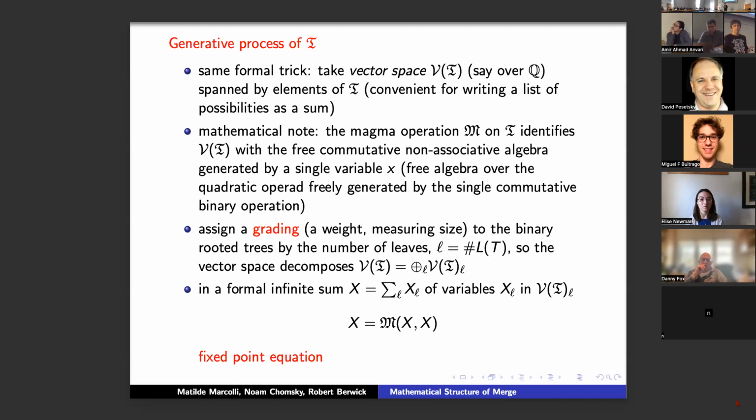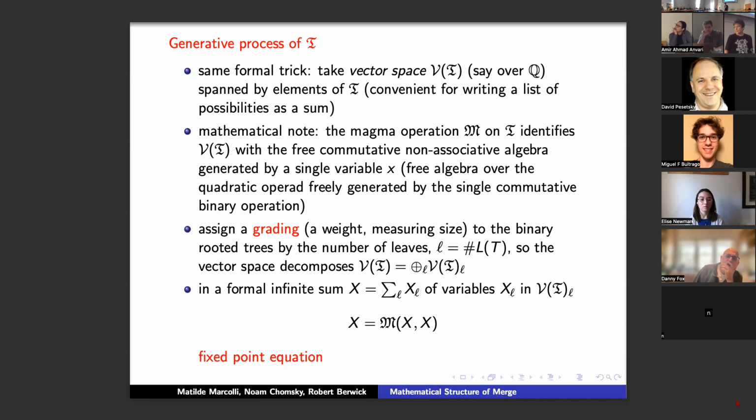You form a vector space on these objects, which simply allows you to formally take sums when you have multiple outcomes of an operation, you can just write them out as a formal sum. Nothing serious about this. So let me leave the mathematical note aside. It's not important.